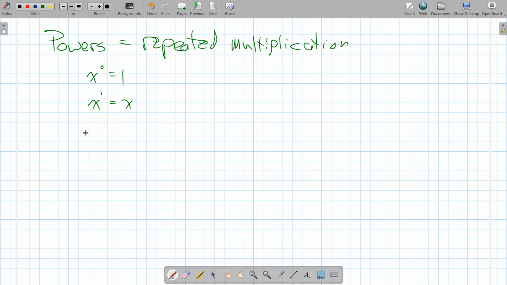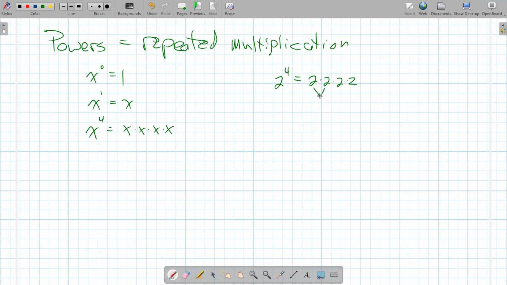Otherwise, if we take some base to a power like 4, that means we write the base 4 times and we multiply together. Just keep in mind, for example, 2 to the 4th. I would write down 2 times 2 times 2 times 2. Some people say the power is the number of times you multiply, but that ain't true.